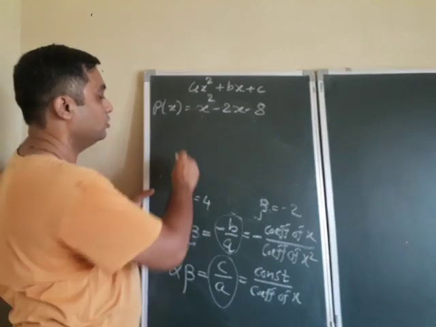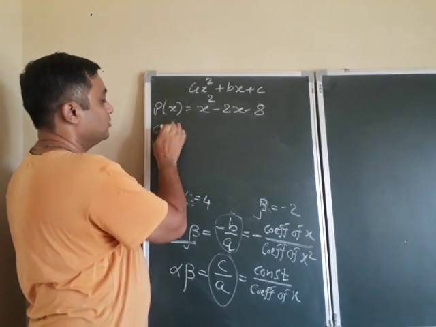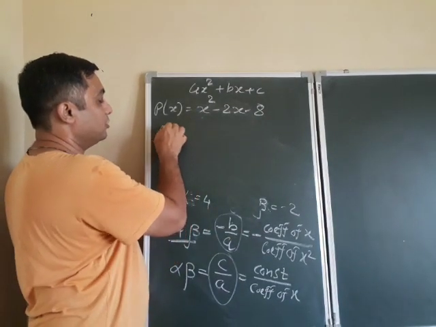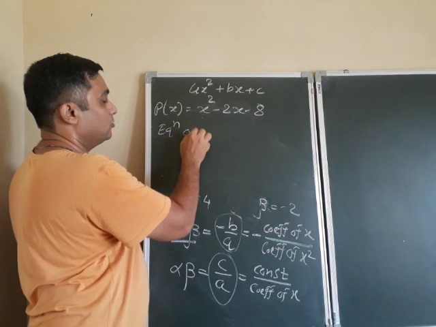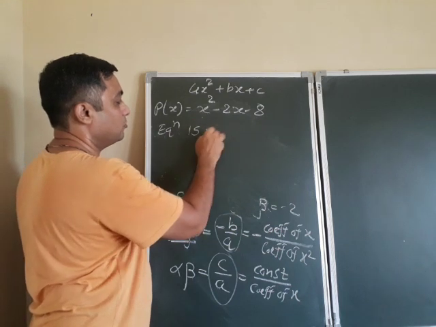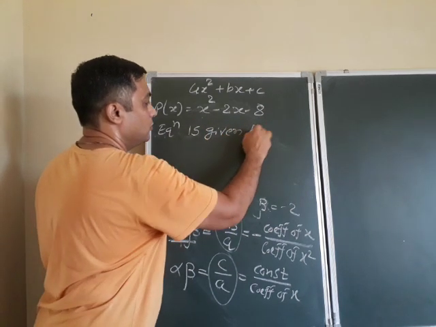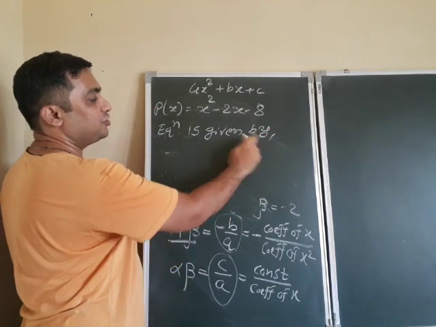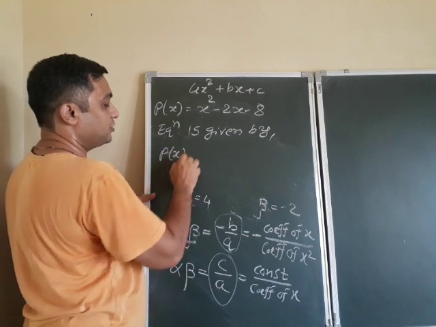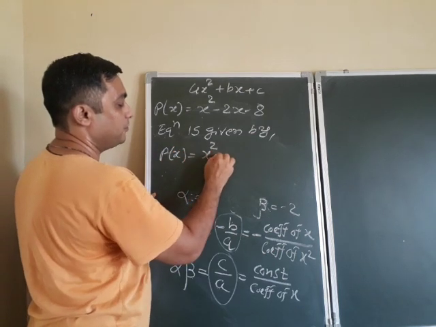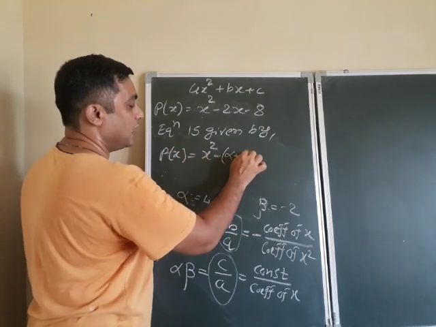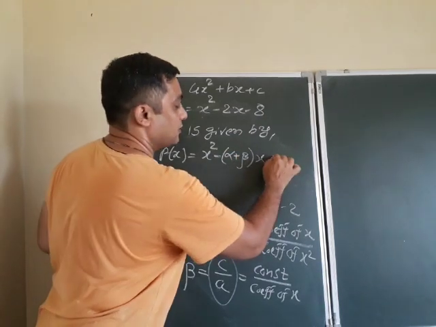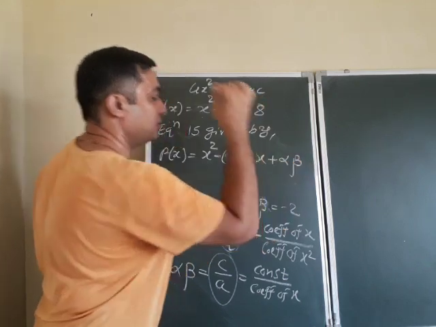Now if the polynomial is in quadratic form, the standard formula is given by p of x is equal to x square minus alpha plus beta into x plus alpha into beta.